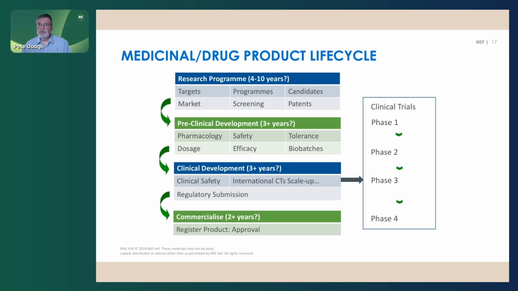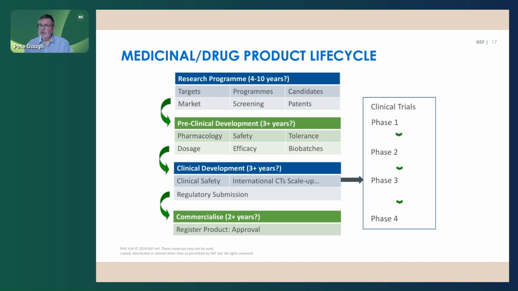Today, many of these things are biologics that are trying to alter natural pathways within the body, even a gene therapy perhaps, to repair something that's not working properly in the body and get it to work properly. Those research programs can take many, many years, and I put a time frame on here of sort of 4 to 10 years.